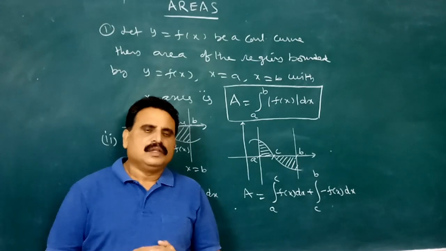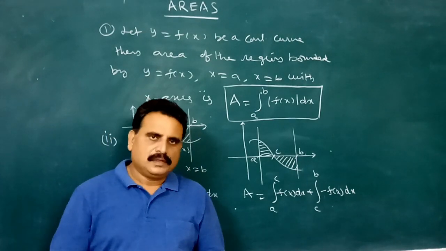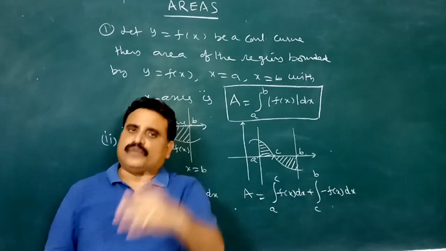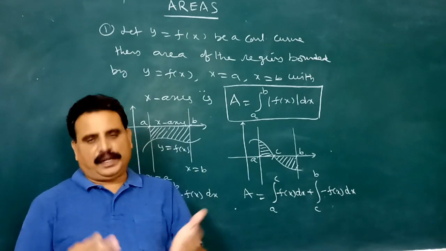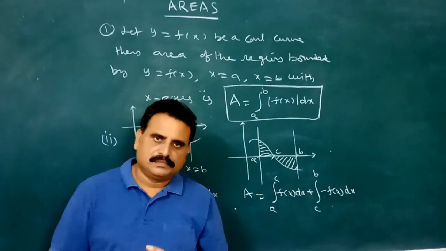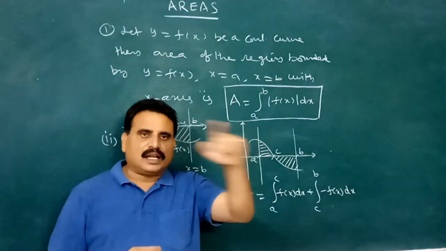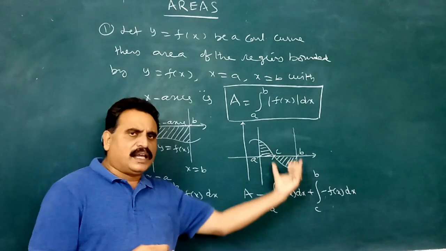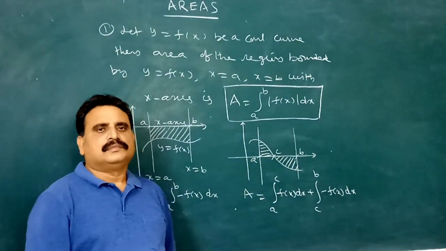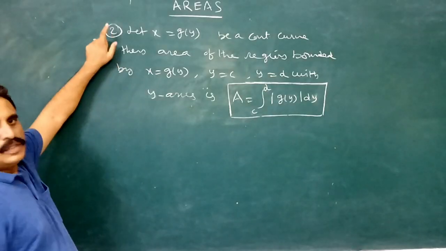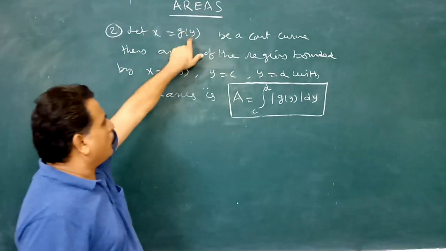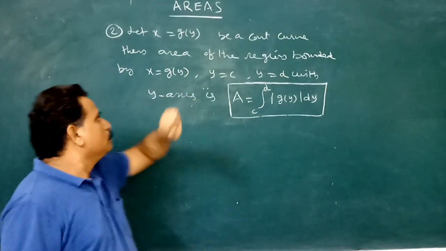Now, if the curve x equal to g of y is given, x as a function in terms of y, how to find the area? In that case, we have to find the region's area with the y-axis, bounded by horizontal lines. Second point: let x equal to g of y be a continuous curve.